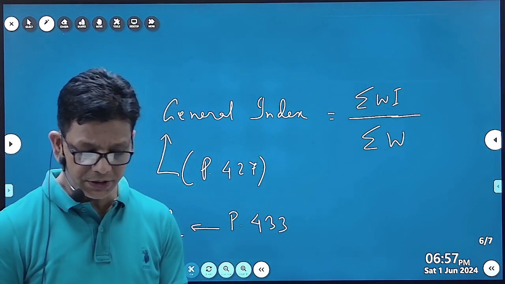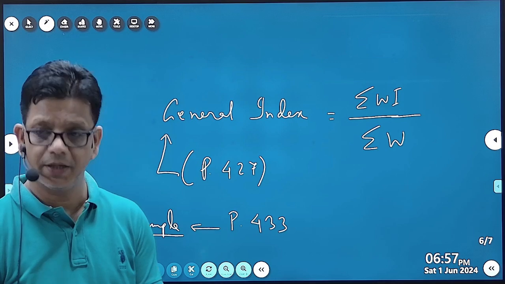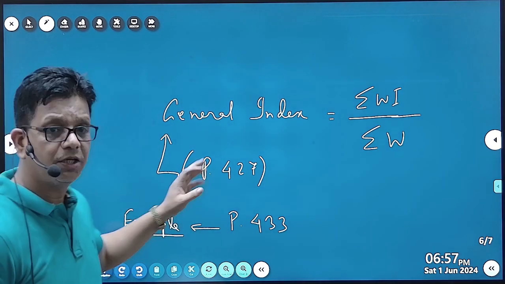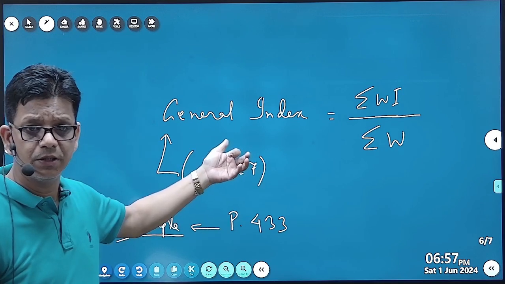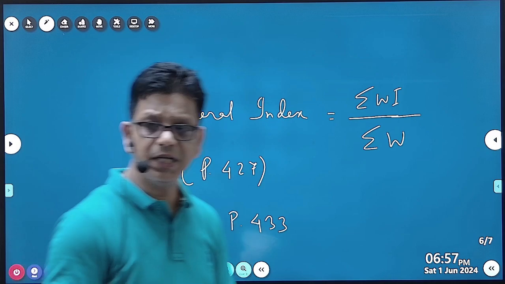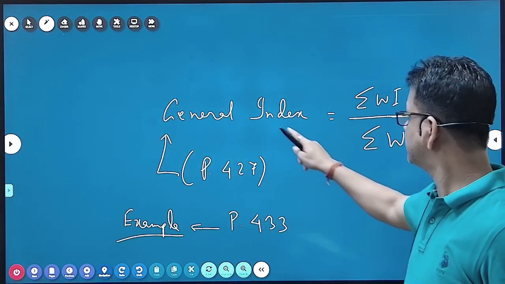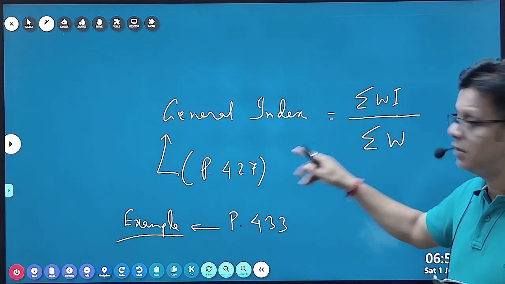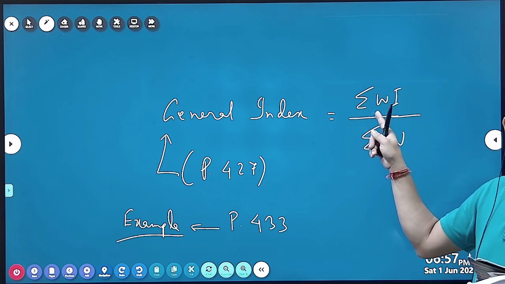Compute the index number of business activity from the following data. Now, this is why I was saying you should understand which formula to use. Is it mentioned anywhere that you have to find the group index? No. But at least the weight is mentioned, at least the index is mentioned. So this is the only formula where index and weight both are required.